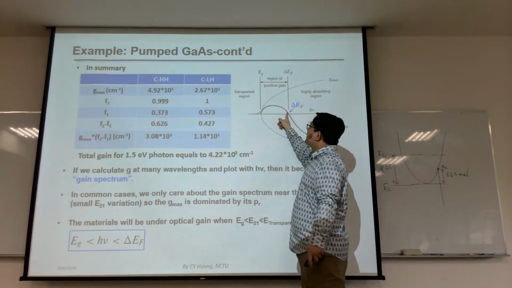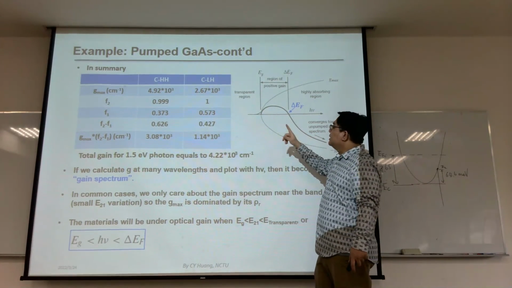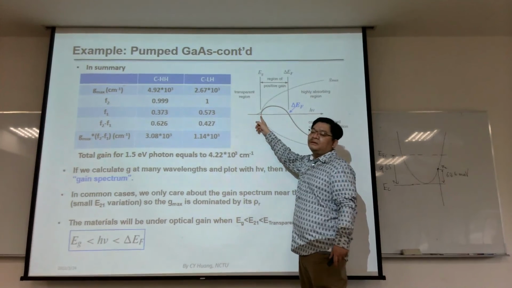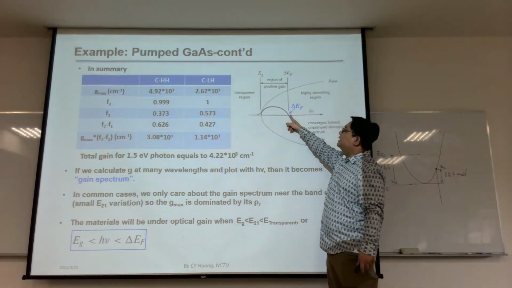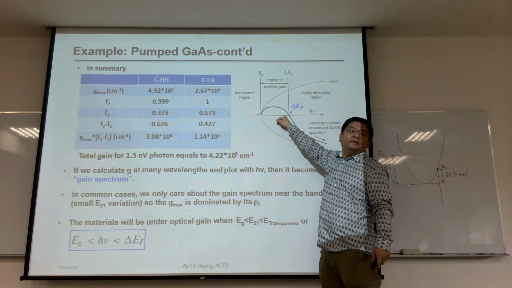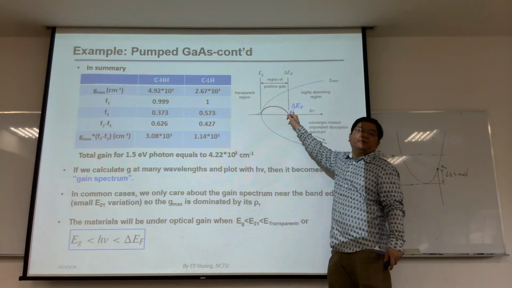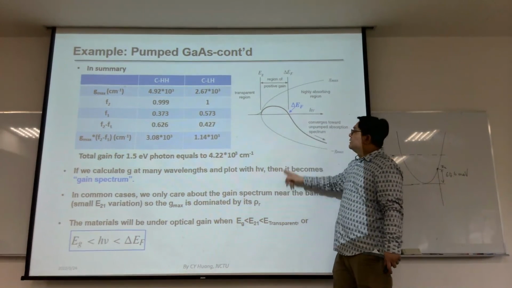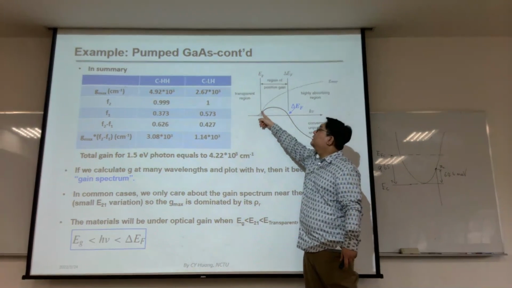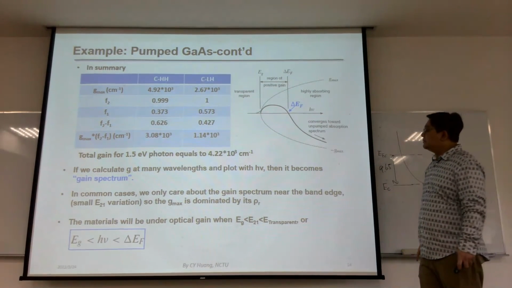So the gain is always 0. When it is excited, the energy difference between the EFC and the EFP is also 0 here. This is the so-called transparency condition. The region between there will have a positive gain.